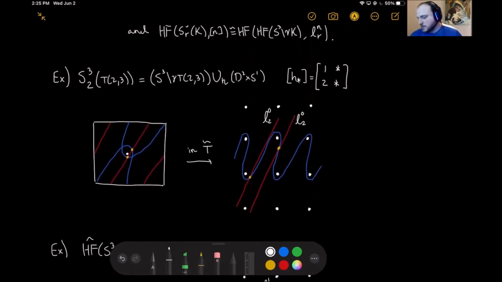So we have 2 surgery on the right-handed trefoil. This is also presentable as filling the trefoil exterior with a solid torus that has slope 2, such as here. And we see the straight line red curve associated to the solid torus filling with slope 2.